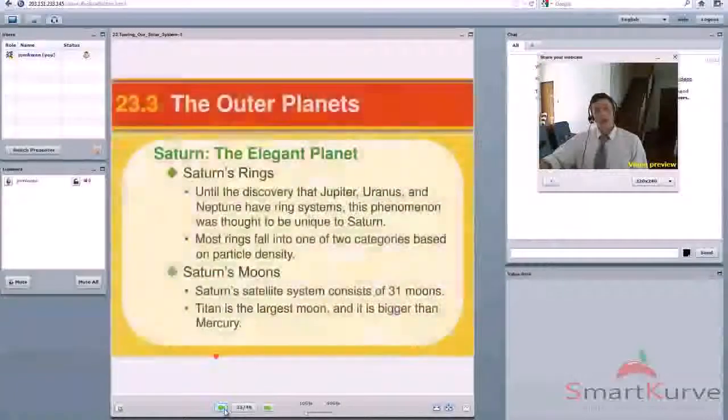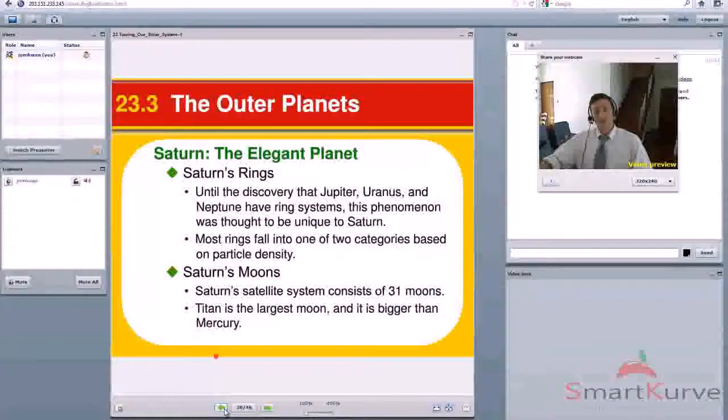We looked at the period of revolution for Uranus, and we saw that Uranus takes 84 years to make that trip around the sun.